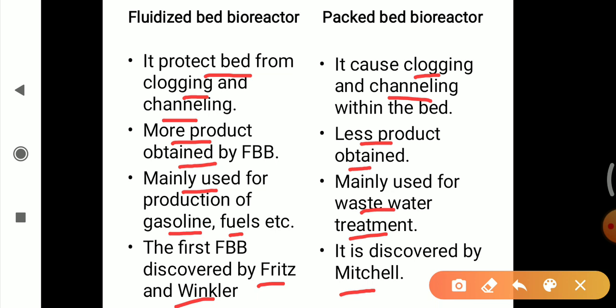In both, we inject the substrate from the bottom, the substrate is held for a specific period of time in the column, and then the product is recovered simultaneously from the upper region. And we have seen the differences between the fluidized bed bioreactor and the packed bed bioreactor.